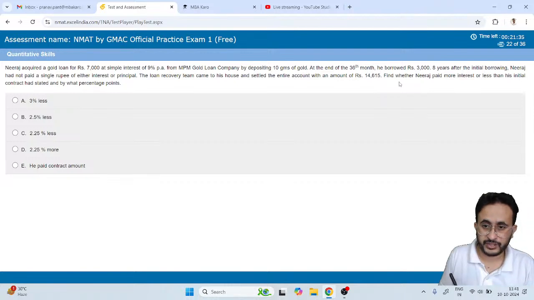But the bank took only 14,615. So he saved 1775.